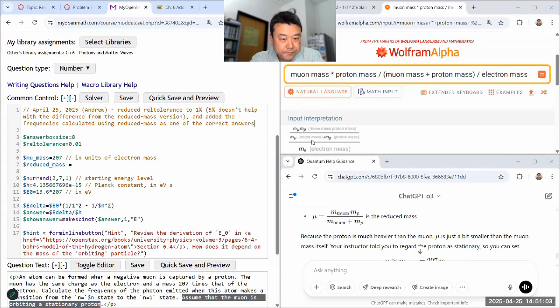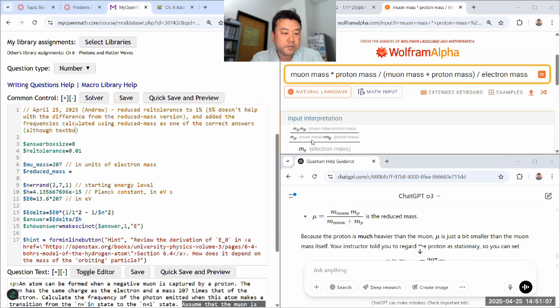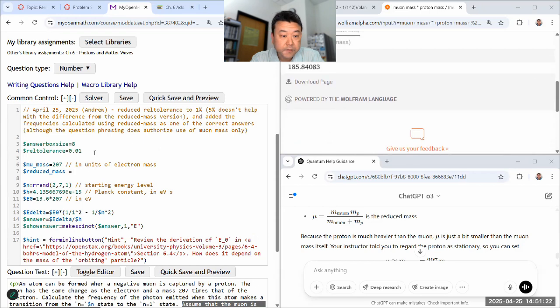All the question phrasing does authorize use of muon mass only. So this one is 185.8 in units of electron mass.